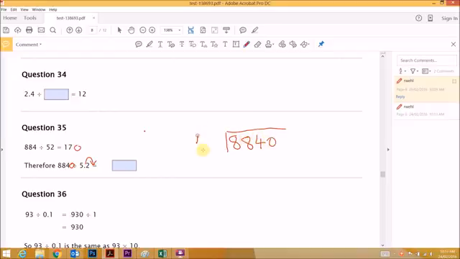When you do 2-digit division, it's a little bit harder, but the same principles apply. So 52 goes into 8 0 times, 52 goes into 88 once, with 36 left over. And once again, you put the 36 here, and then you need to work out how many times 52 goes into 364, which is 7 times.